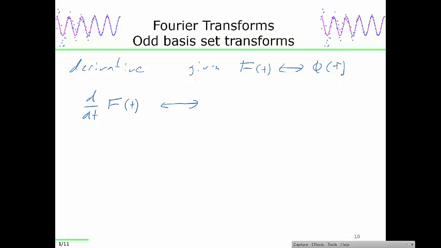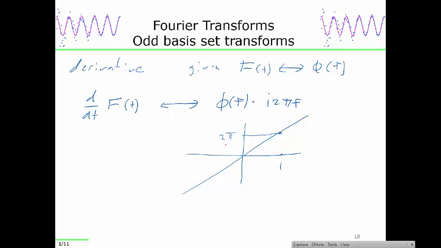The Fourier transform of this is phi of f multiplied by i 2 pi f. So if f equals 1, the amplitude of that is i 2 pi f, or i 2 pi.